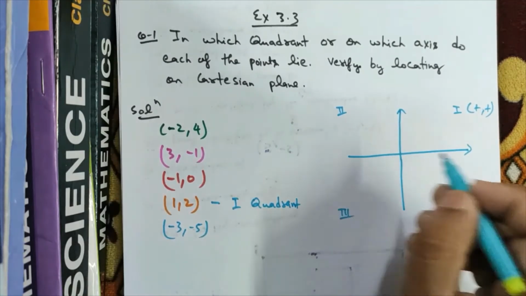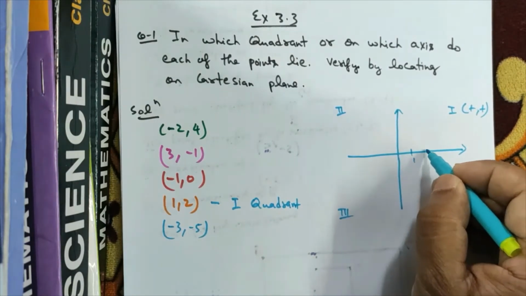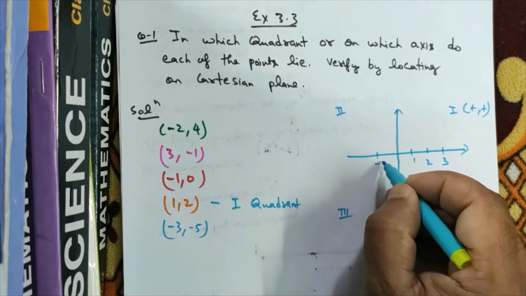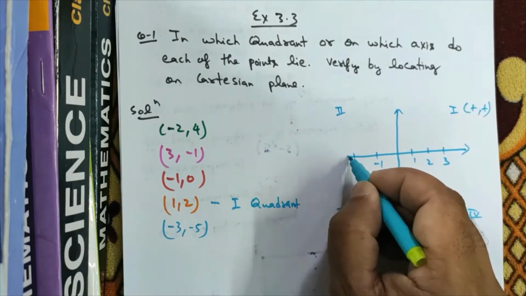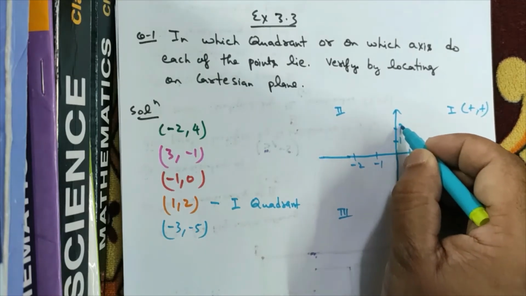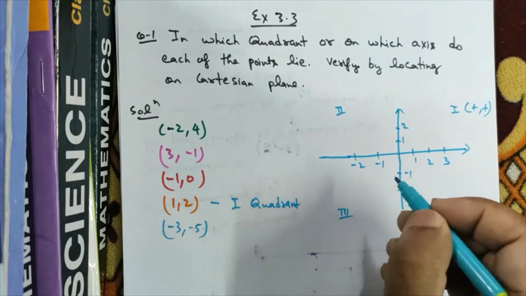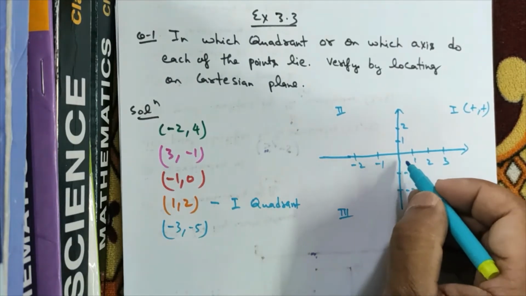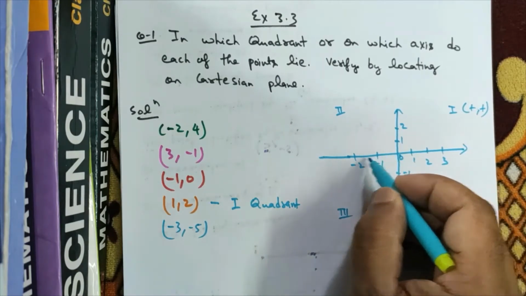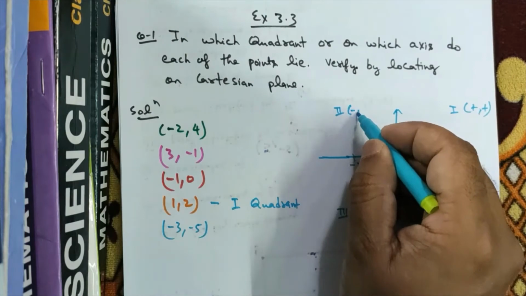In the second quadrant, the x will be, for example, plus 1, plus 2, plus 3 on one side, and minus 1, minus 2 on the other, and y will be plus 1, plus 2, minus 1 and minus 2. So in the second quadrant, the x is negative and the y is positive.